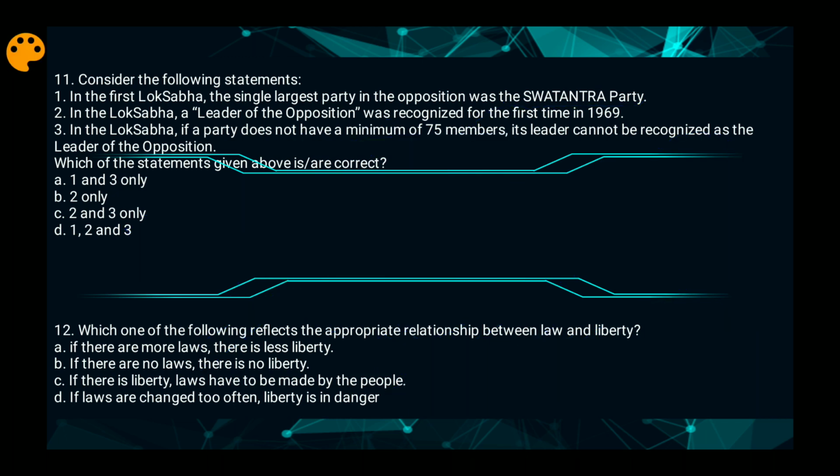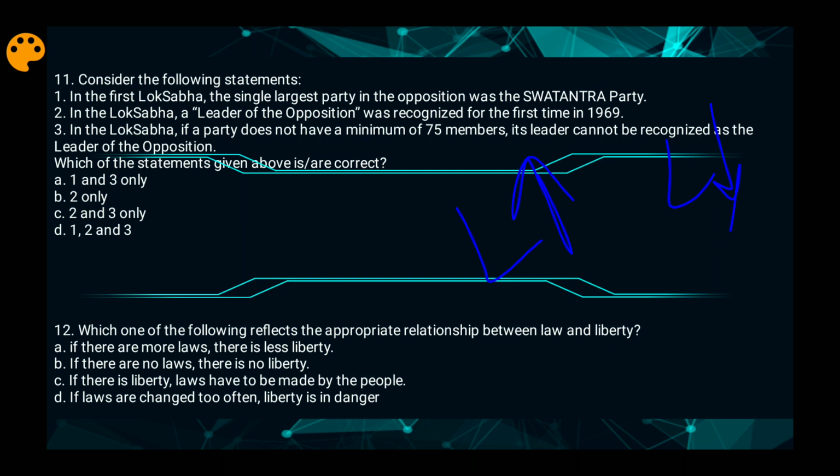Number 12 and the last question from the Indian Polity section, asked in the UPSC Prelims 2018. Which of the following reflects the appropriate relationship between law and liberty? First statement: if laws are more, there is less liberty. Law more, liberty less. This makes sense, but we have to find the most appropriate relationship.